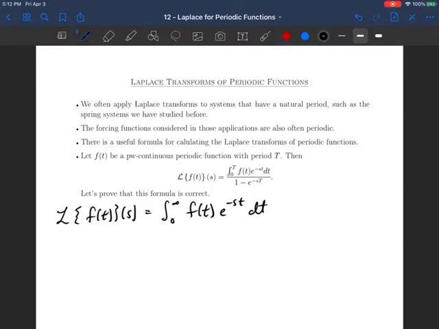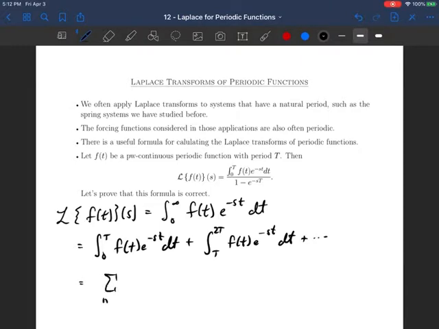And now we're going to break this up according to its period. So we're going to break it up into sections, 0 to T, T to 2T, 2T to 3T, and so on, sections 1 period long each. So this is equal to the integral from 0 to T of f of t e to the minus st dt plus the integral from T to 2T of f of t e to the minus st dt.